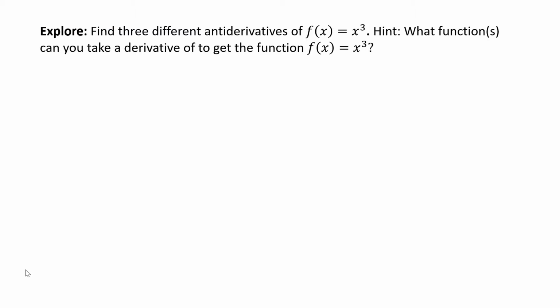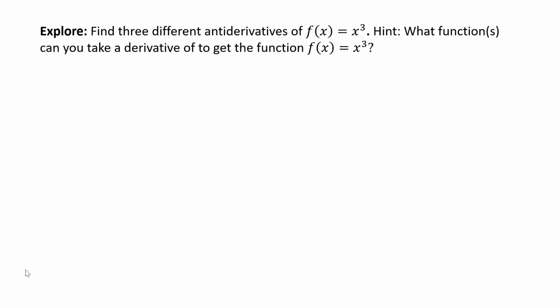Let's explore this. Find three different antiderivatives of f of x equals x cubed. Hint: ask yourself the question, what function or functions can you take a derivative of to get the function f of x equals x cubed?